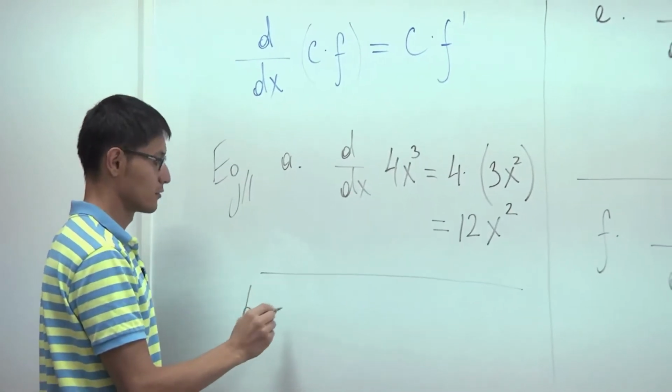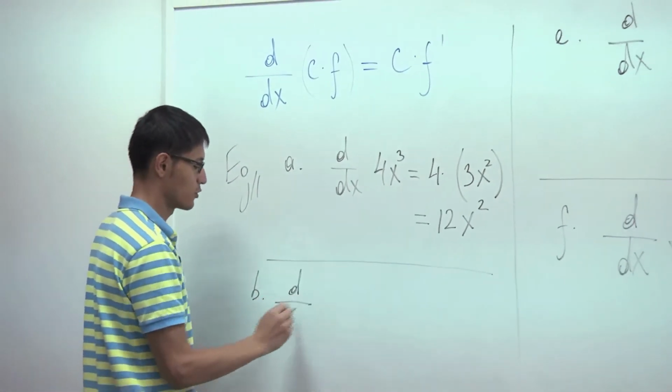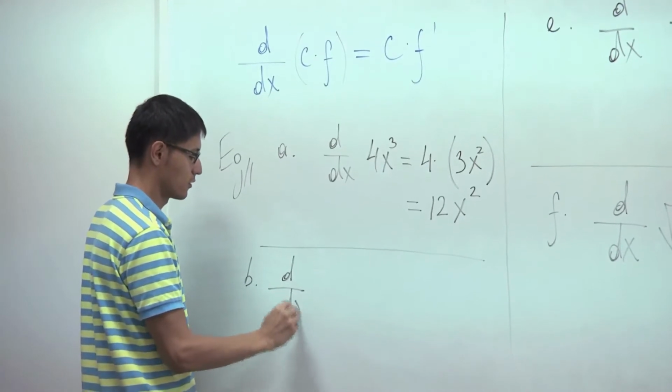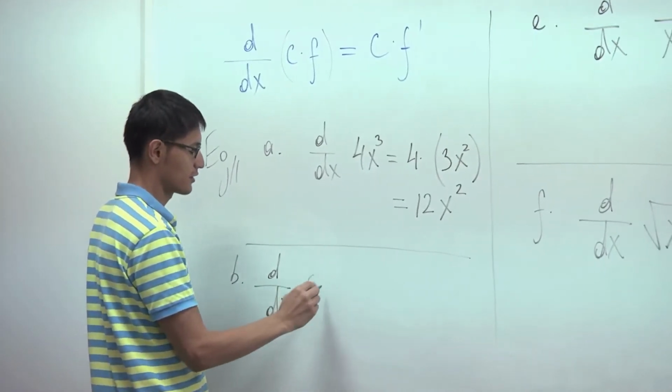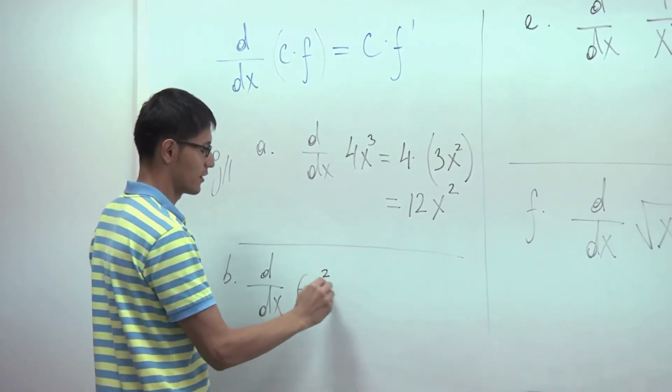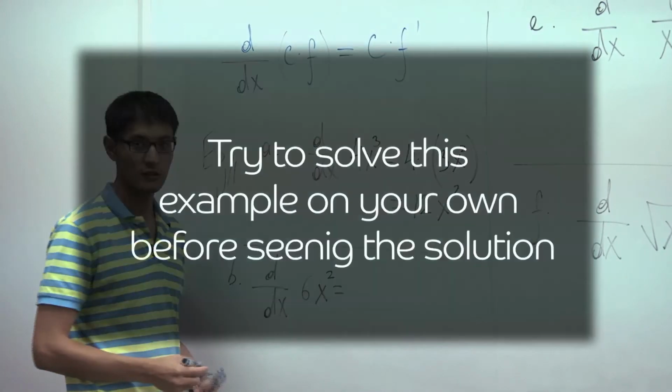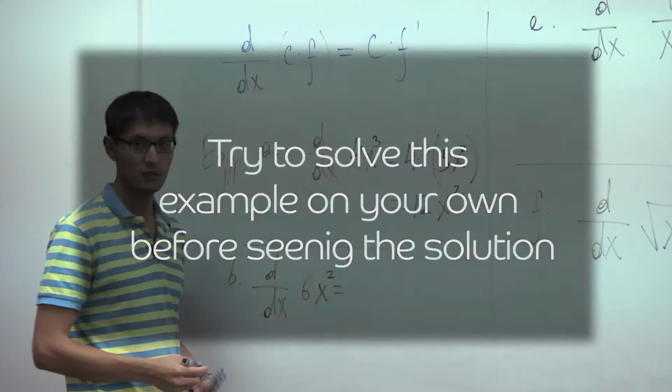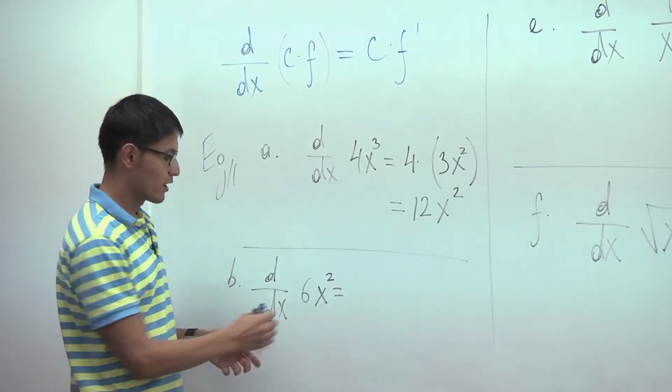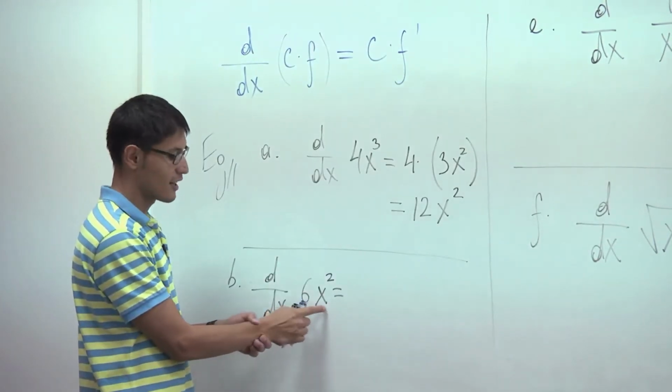Let's do another one. Suppose you want to take the derivative of 6x squared. Again, we have a constant times a function.